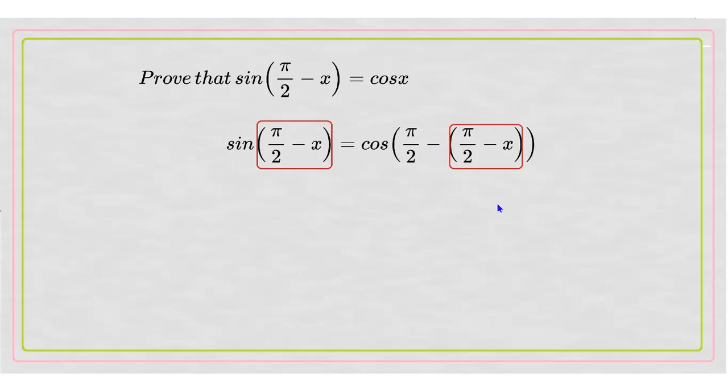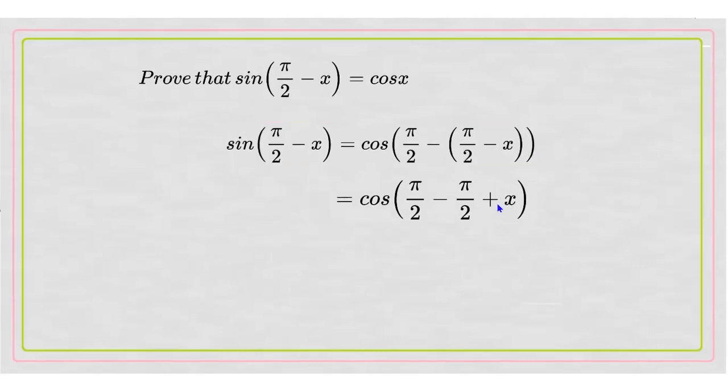Simplifying further, you will have cos of pi by 2 minus pi by 2 plus x. And next step, pi by 2 gets cancelled, one is plus pi by 2, other is minus pi by 2, and what will remain? That is cos x. The answer is cos x.